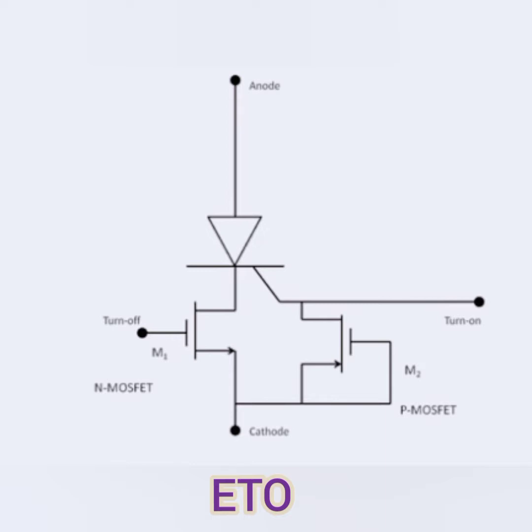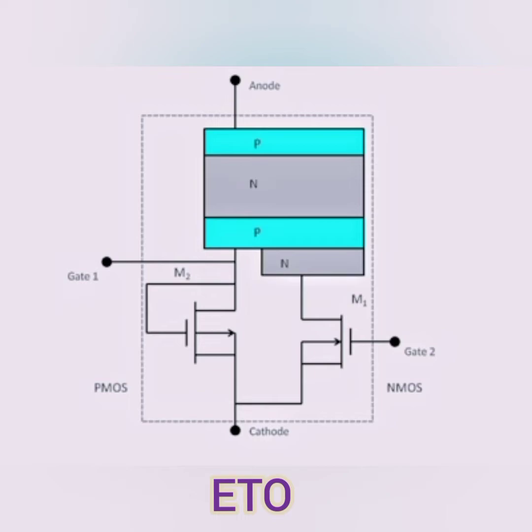It consists of anode, cathode, then the two MOSFETs, N and P type, where the N type is connected in series with the cathode and the gate terminals, and the P type is connected in series with the gate and the cathode. Just for understanding, I have split the depletion layer, P and N type layers.